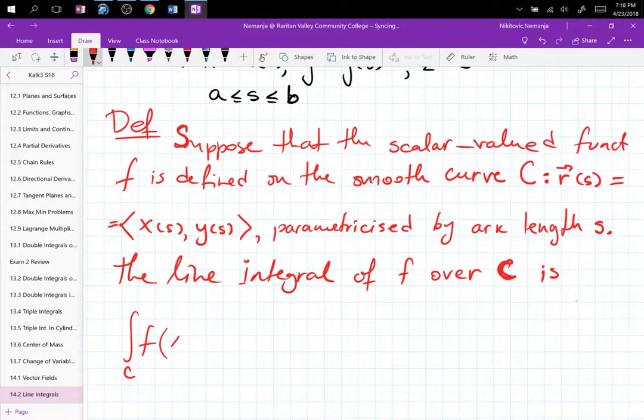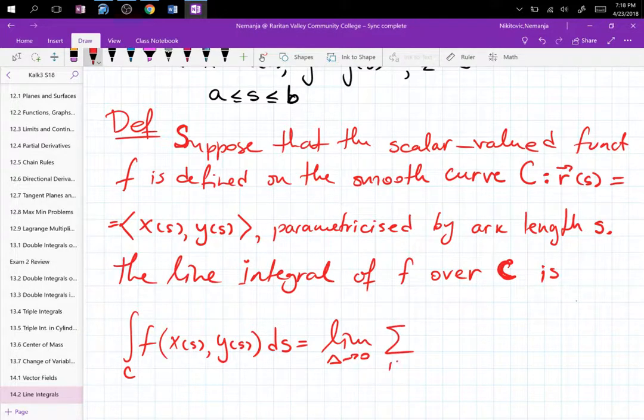So we have f, using the parameter there, ds is going to be the limit as delta goes to 0 of the summation k from 1 to n of f of x of sk star comma y of sk star, times delta sk.